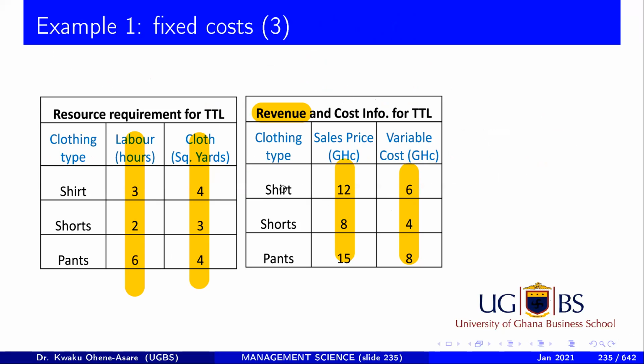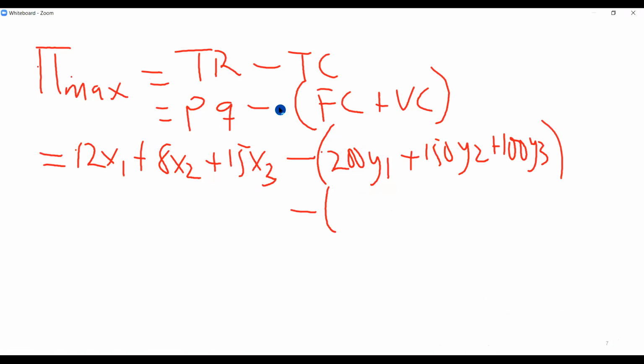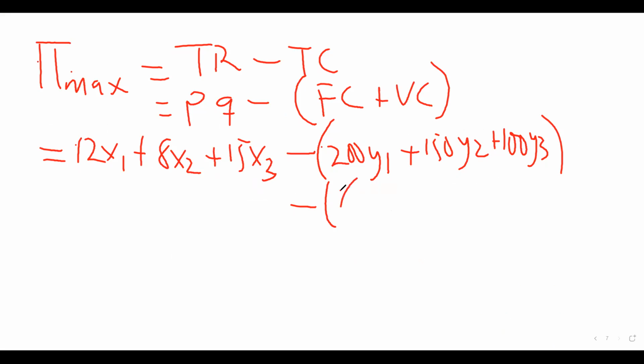And they are all being multiplied by the x's, so you have to capture them also with the x's in mind. So when you go to the formulation, you're going to have 6 x1 plus 4 x2 plus 8 x3.